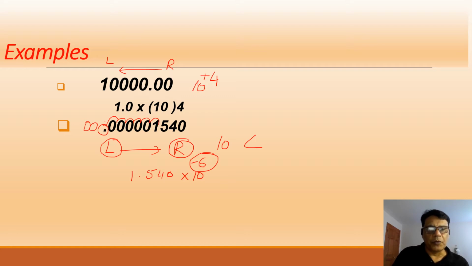So whenever you move your decimal from left to right, the exponent will be minus, and when you move your decimal from right to left, the power of 10 will be positive.